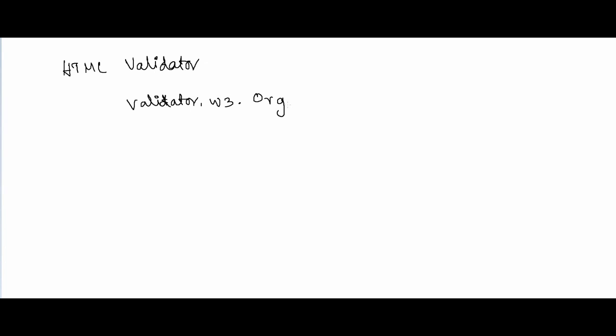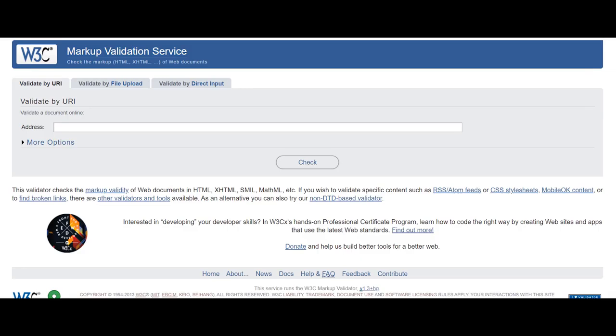There you find these formats. You can directly give the link, like a website link. You can upload your HTML file, or you can copy paste your whole code there. These are the options given by w3.org. So here you can validate the HTML code.